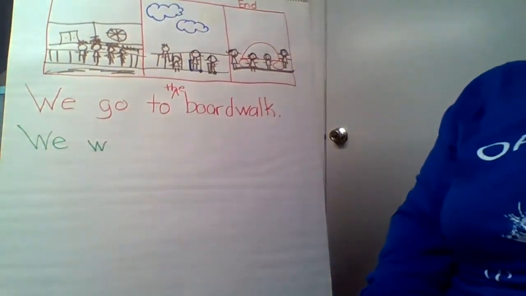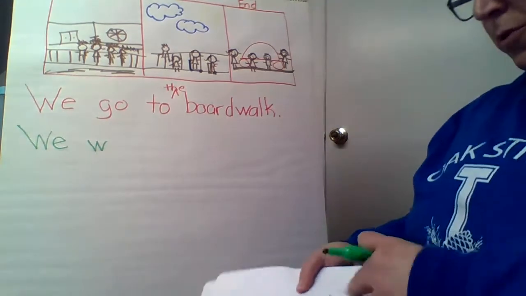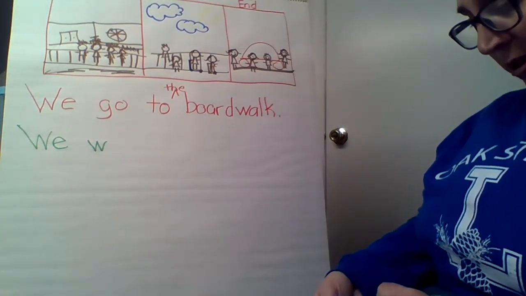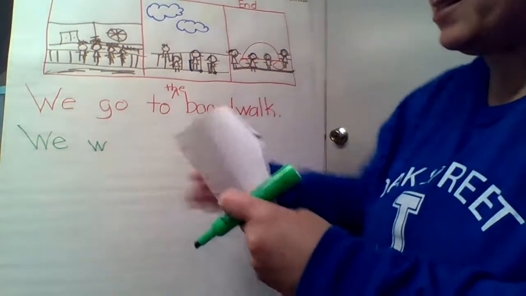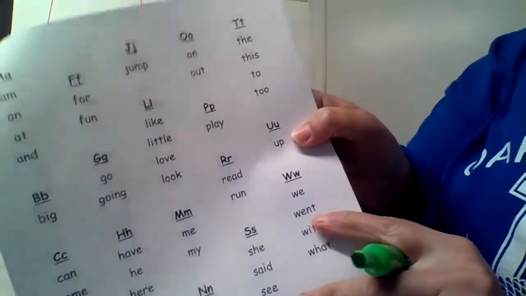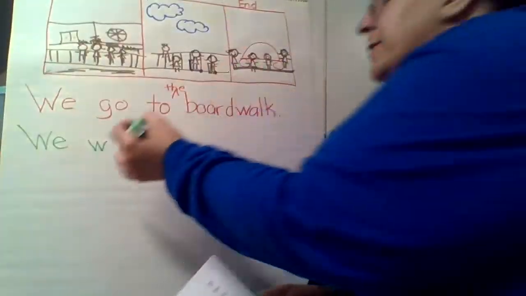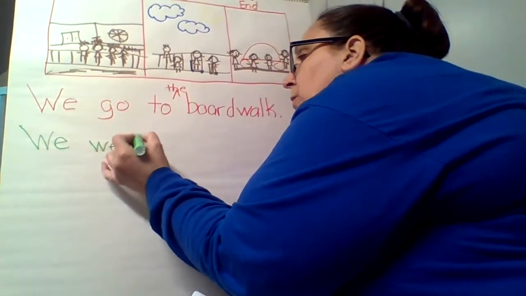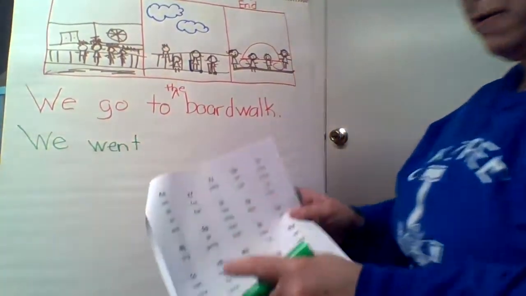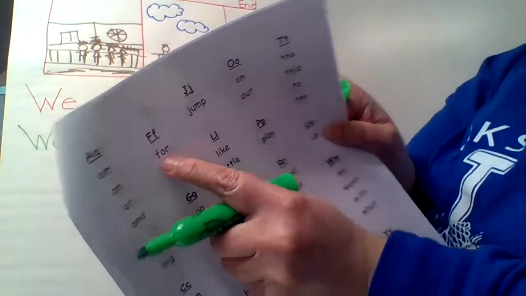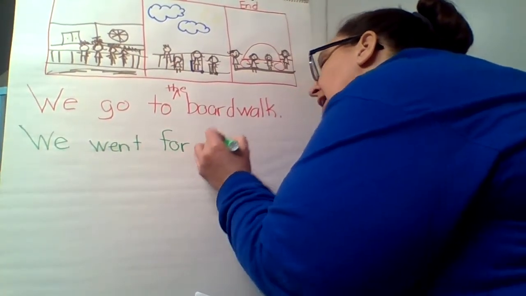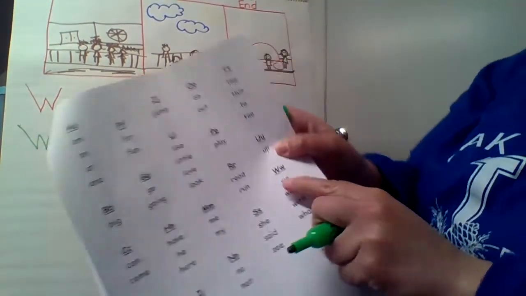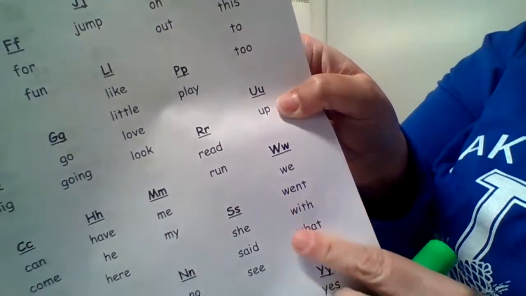Now, if it's a sight word, and I know it's a sight word, but I don't know how to spell it, I'm going to look in my word wall. So I wrote the beginning sound, and I'm going to look, and I wrote went. We went for. For is another sight word. For. We went for a walk. Well, I'm going to look on here. Walk.